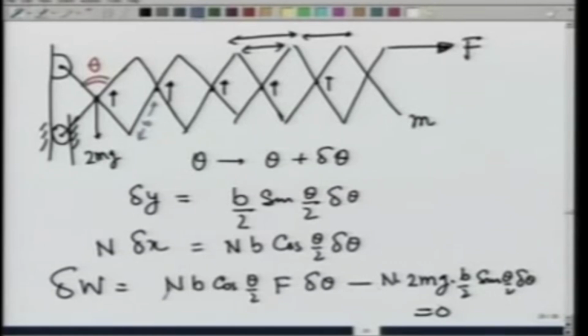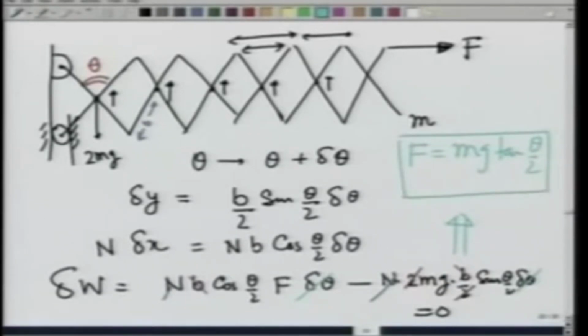This n drops out, 2 cancels, so does b, and so does delta theta, and therefore, you again get, and let me write it here to keep on the same slide, F equals m g tangent of theta by 2, same answer as earlier.